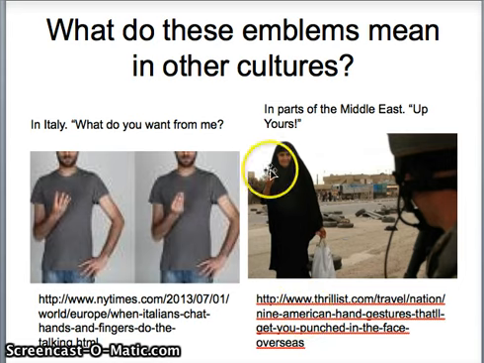In parts of the Middle East, the thumbs up that we saw before that indicates everything's good, everything is going okay, actually is a form of saying up yours and isn't necessarily a fun and polite emblem. Can you think of any other emblems that are from our culture that mean something that people from another culture wouldn't necessarily know or understand?